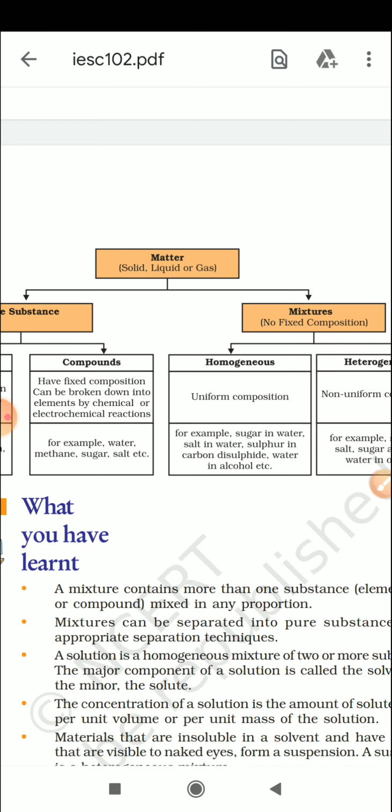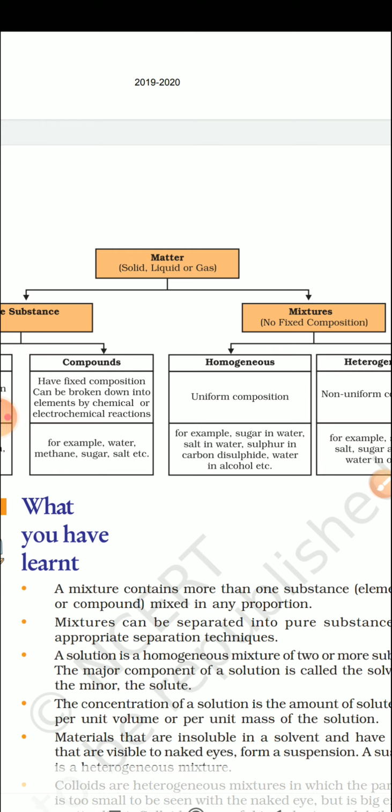If you look at it, you see only one solution. You cannot see the lemon, you cannot tell where the sugar particles are. You can see only one thing, which is the water. That kind of mixture is called homogeneous.